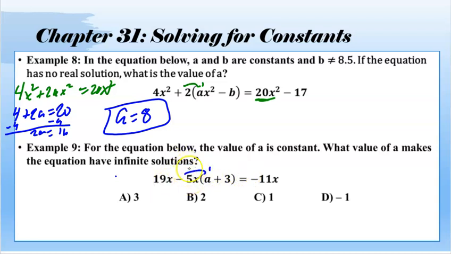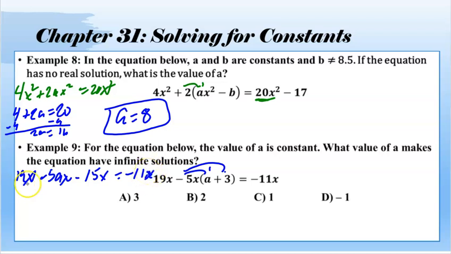So I'm going to distribute here, so I have 19x minus 5ax minus, or not 15a, negative 15x. And this has to equal a negative 11x.